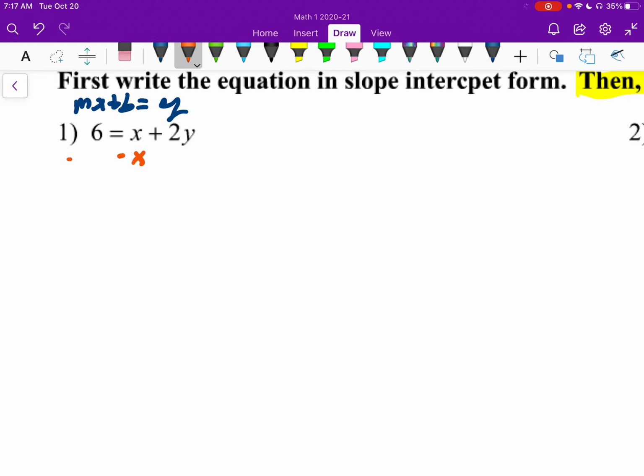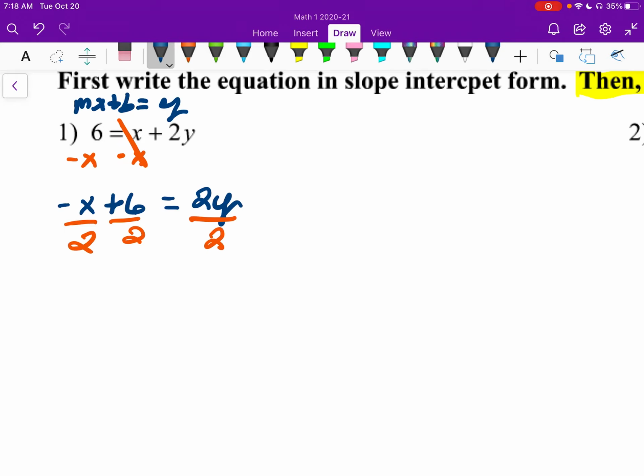So I'll subtract x from both sides. Those guys cancel, and I have negative x plus 6 equals 2y. Notice that I put my x in the front, right? Whenever we have slope-intercept form, our x needs to go in the front. And now we're going to divide everything by 2, because that's what's in front of our y. The 2's with our y's cancel.